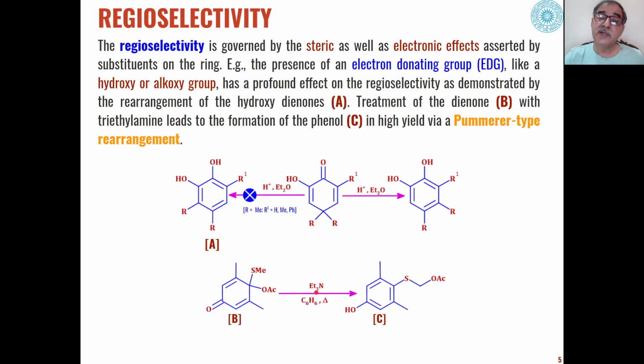So basically what happens is this methyl group will become acidic in presence of this base, and a carbanion will be generated, and that carbanion will withdraw acetate ion from here with the movement of this pi bond to this place, and this will move to this place, and we will get these types of sulfide esters as the product, and this type of rearrangement is Pummerer type rearrangement.